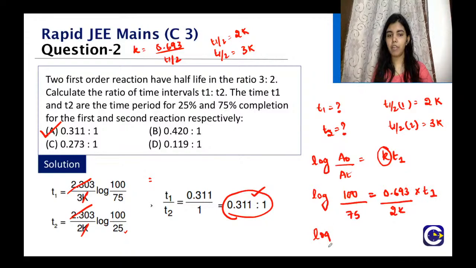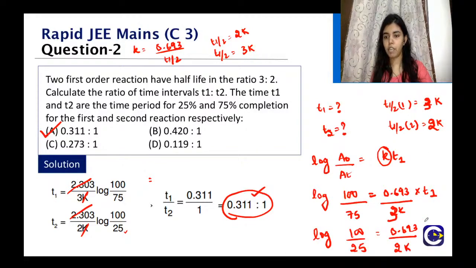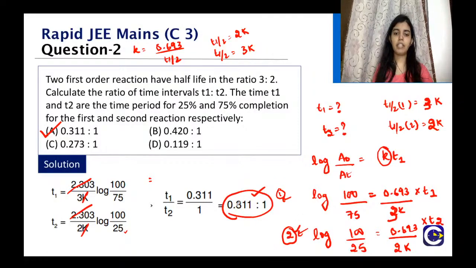Similarly, for T2 you can get log of 100 by 25, equals 0.693, sorry, it is 3K here and 2K here. So 2K into T2. So find out the ratio by dividing the two equations. You will get the answer as 0.311 ratio 1.